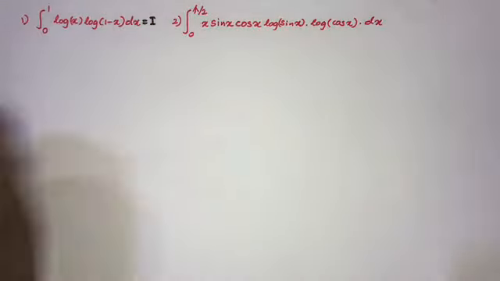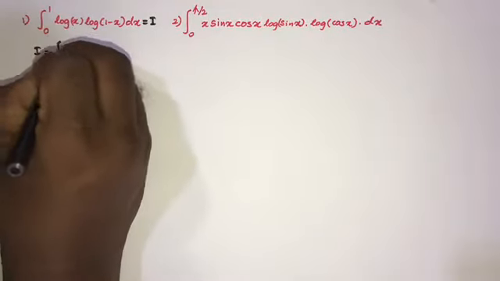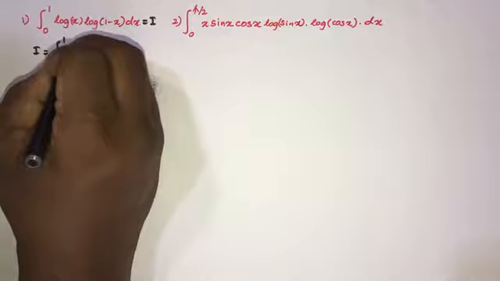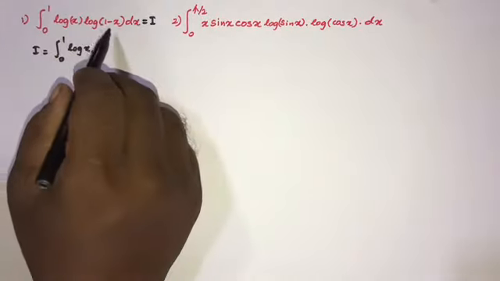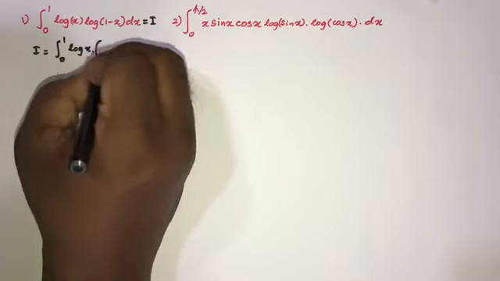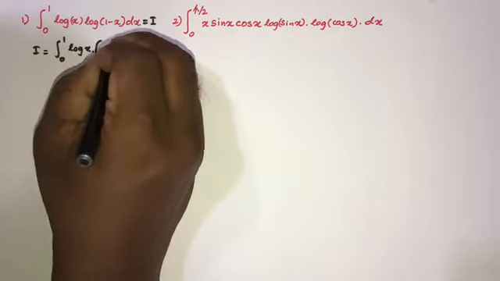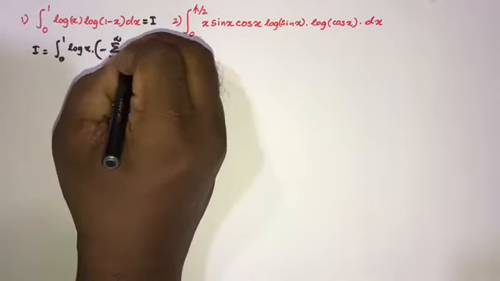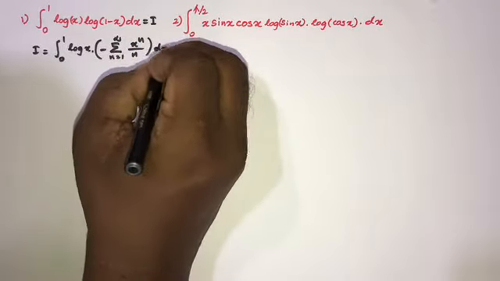I, and now we can write I is equal to integral from 0 to 1, here natural log of x. Now instead of natural log of 1 minus x, I am going to use a series, so we can write minus infinite sum n is equal 1 to infinity, we know x to the n over n, here dx.